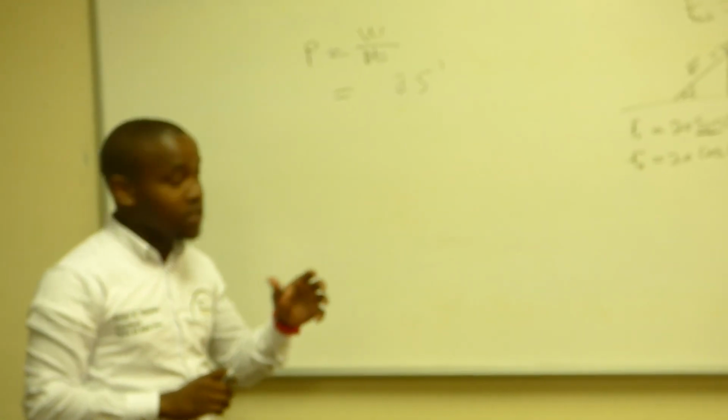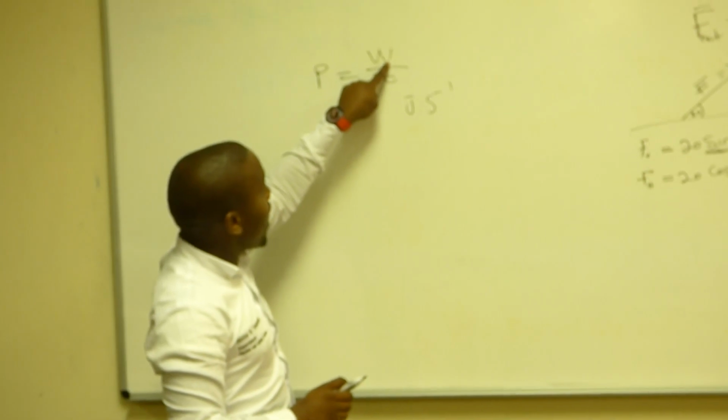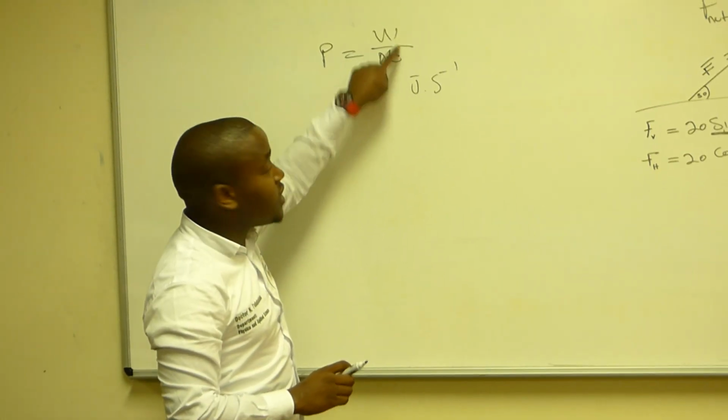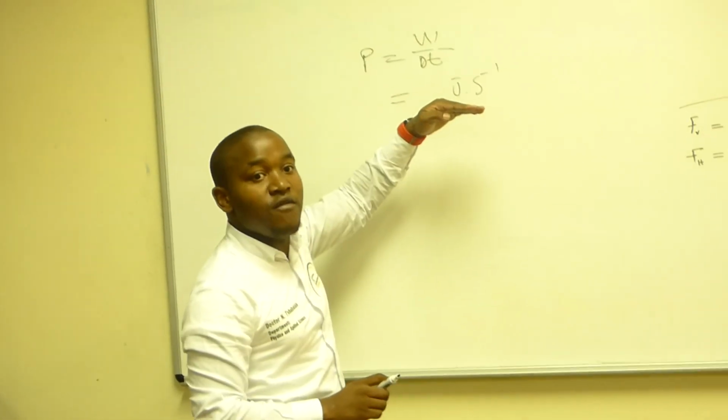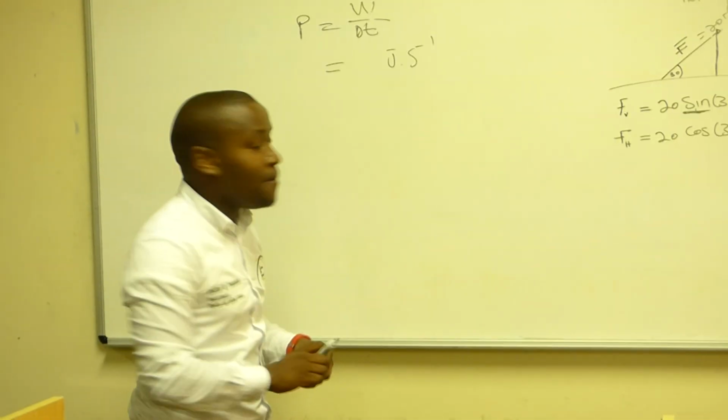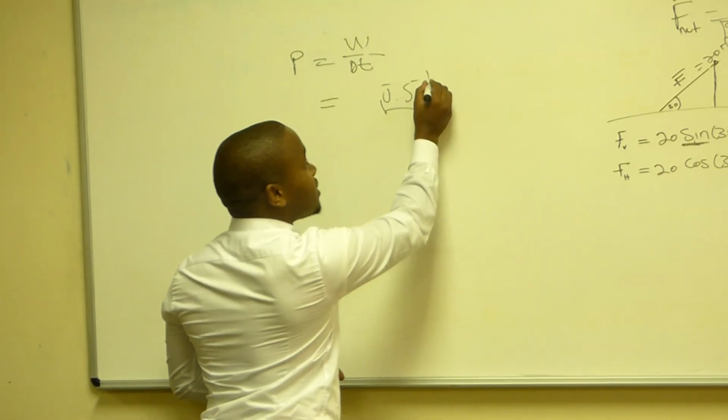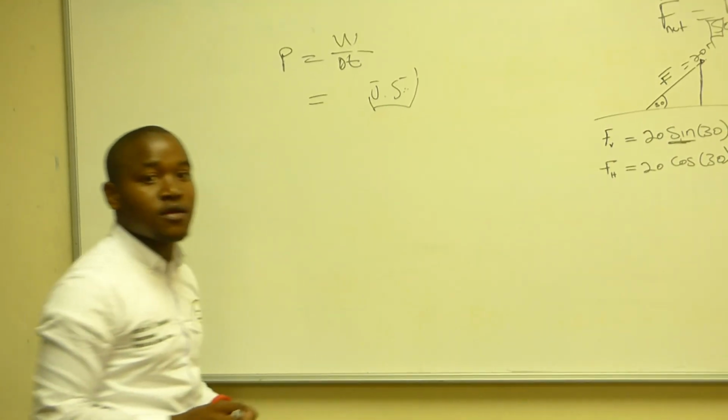Why? Work is given in joules, time is given in seconds, and it's over time, so joules per second. But there's something in physical sciences that is equivalent to joules per second. What?